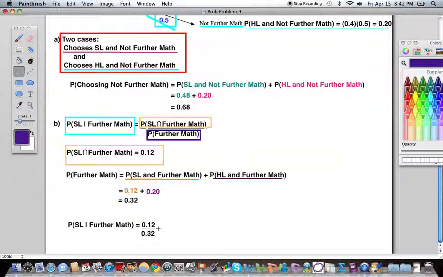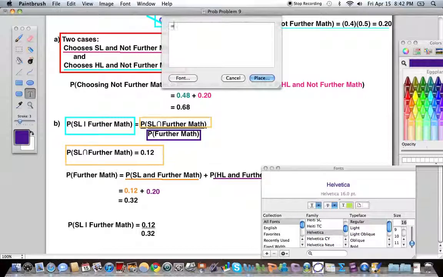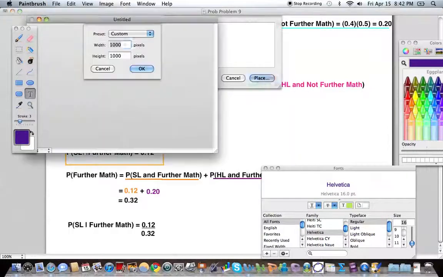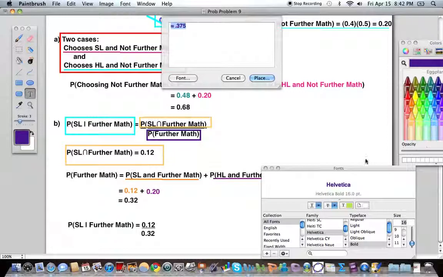I believe what I found when I multiplied this was that this is equal to 375/1000. And I can ask you, okay, well, if this is equal to 375/1000, what is that in percent?